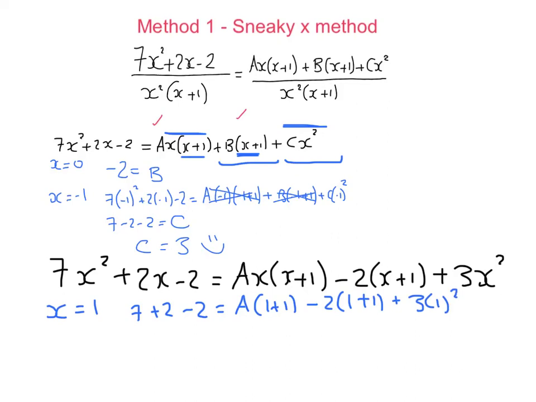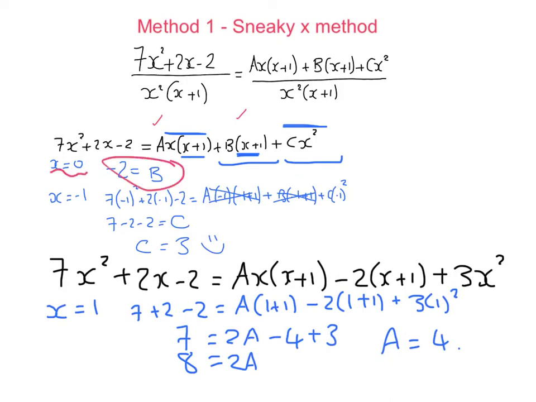This gives us 7 equals 2a minus 4 plus 3. So 8 is 2a, a is 4. So there we go, we've done it. A sneaky choice getting us the first one, another sneaky choice getting us the second one, and then a fairly arbitrary choice, I just chose 1 because it was easy, to get us the last one. And we know what a, b and c are.